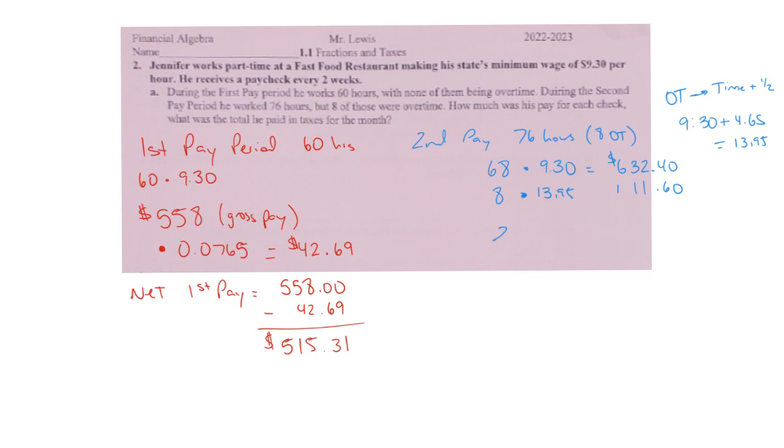So his second pay gross is going to be $744. Now remember, I'm going to multiply that by 0.0765. So his deductions is going to be $56.92. That's deductions. In case you didn't know, that's deductions also.